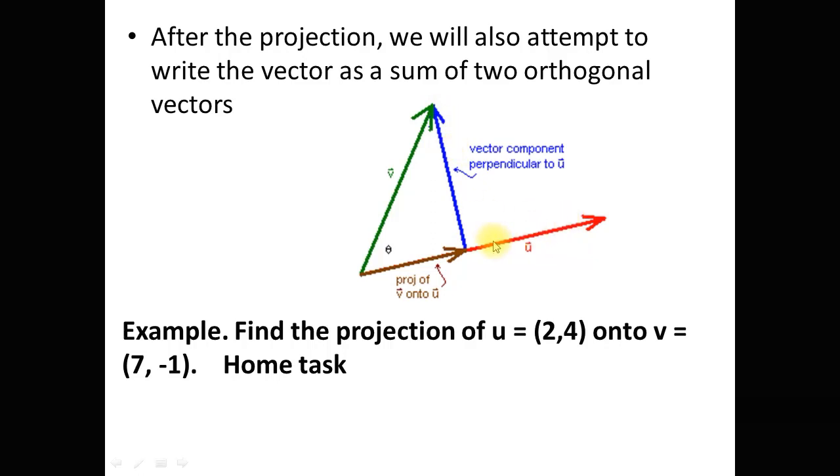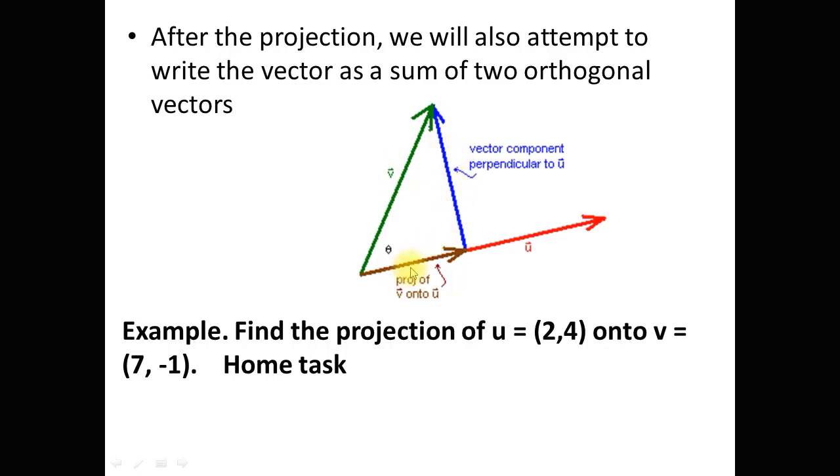So this is the projection of V onto U. Suppose this is W1 and this is the orthogonal projection of V onto U. So there are two components of this vector V. This is the first component, suppose called W1, and this is the other component of vector V, suppose called W2.